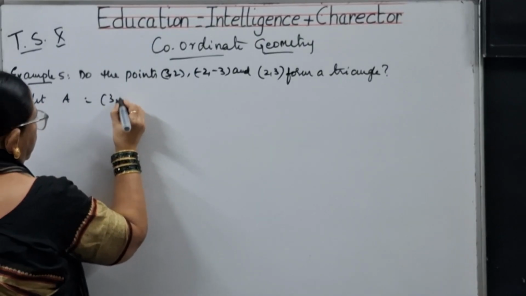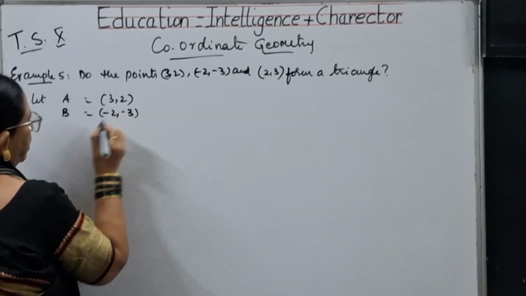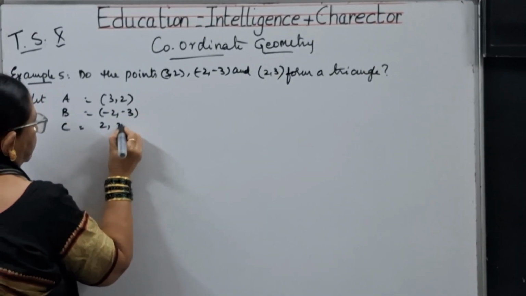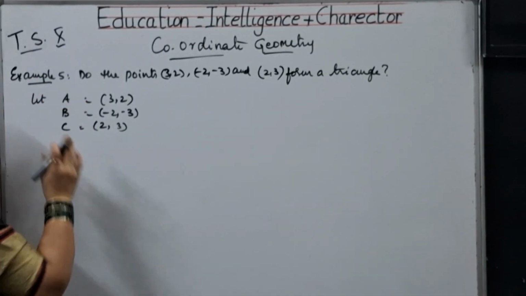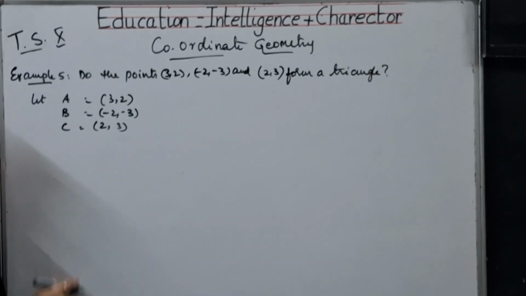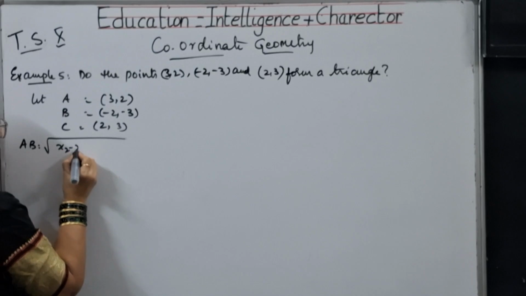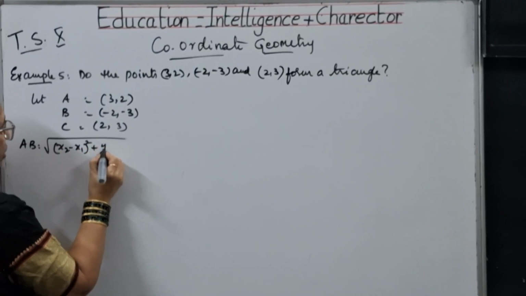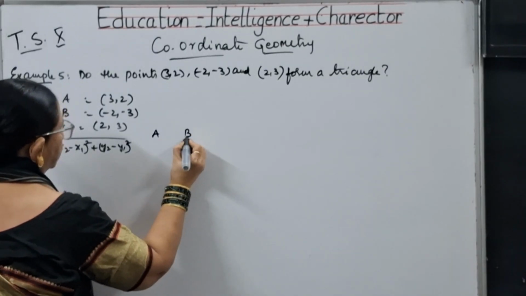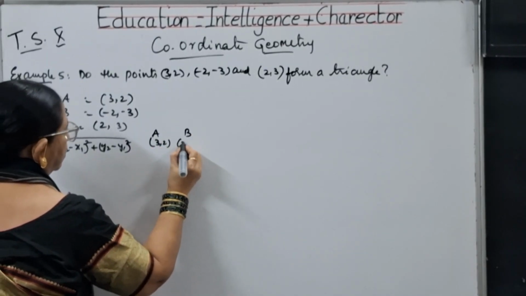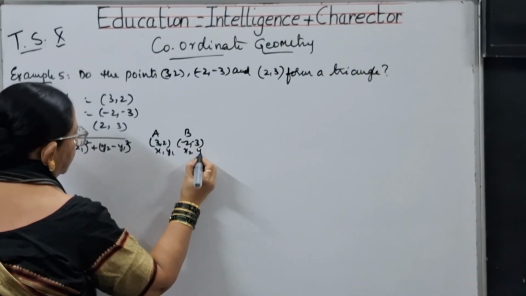A is equal to (3, 2), B is equal to (-2, -3), C is equal to (2, 3). Now what we need to do? We have to find the distance between AB, BC and AC. So what is AB? AB is root of (x2 minus x1) whole square plus (y2 minus y1) whole square. So let us take A here, B here: (3, 2), (-2, -3), x1, y1, x2, y2.